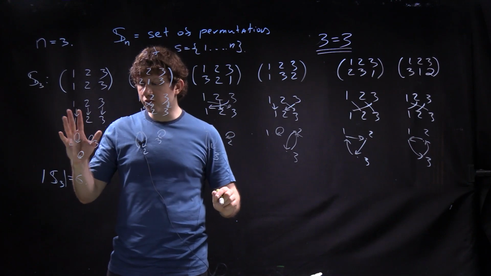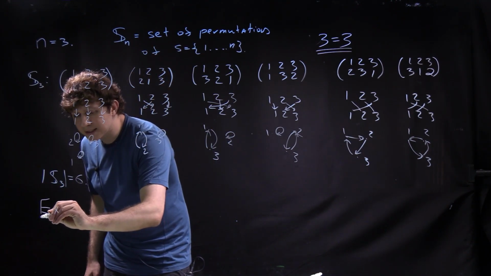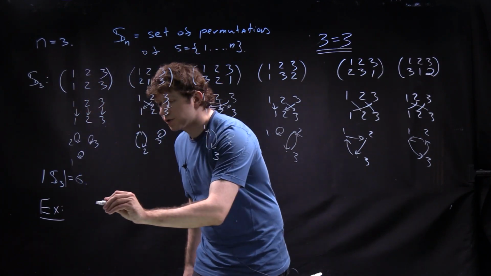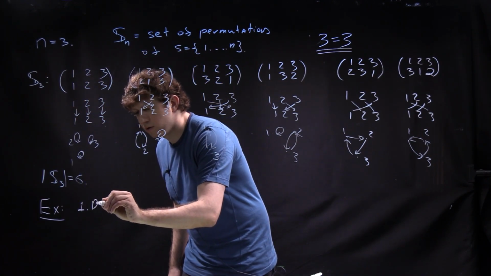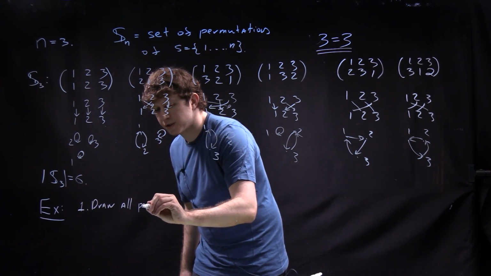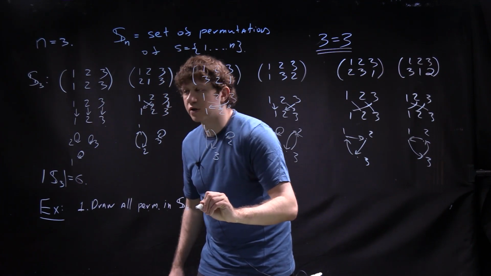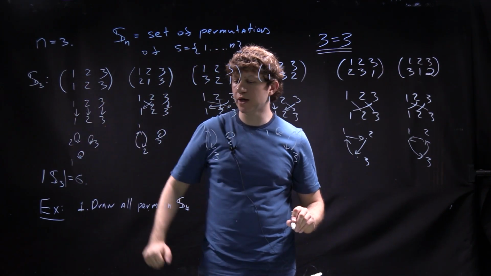So before I move on, I want to give you 2 little exercises. The first one is to draw all permutations in S4. You can draw some in this way, some in this way, some in this way.